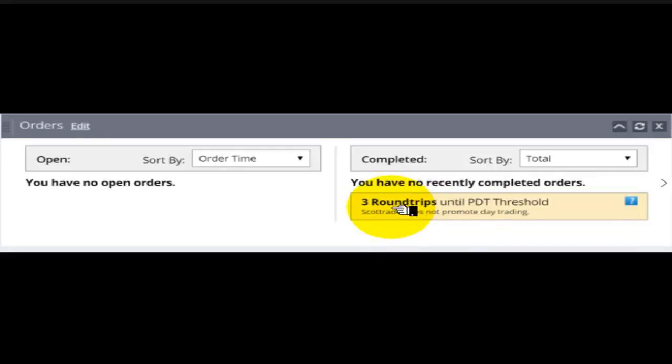Now, the pattern day trade rule. If you are labeled as a pattern day trader and you have more than $25,000 in your account, there's nothing wrong with being a pattern day trader. Pattern day traders have benefits. One of the benefits is they give you lower margin.